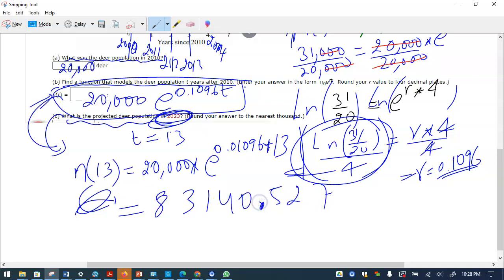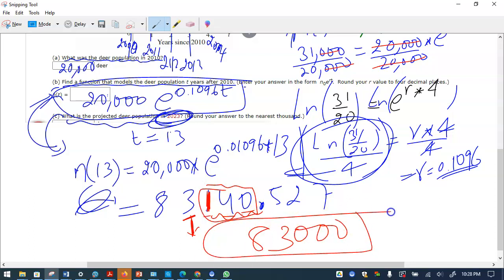Now nearest 1,000: this is ones, tens, hundreds, and thousands. So you have to round it to here. But after this, it is 1, which is less than 5, so this doesn't matter. All you write is 8, 3, and the rest you put 0, 0, 0, and you're done.